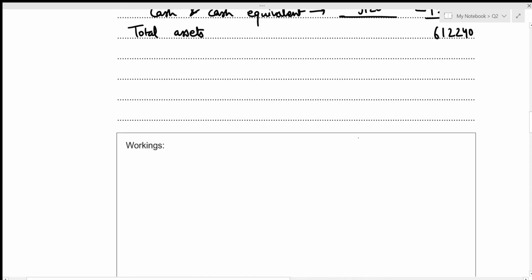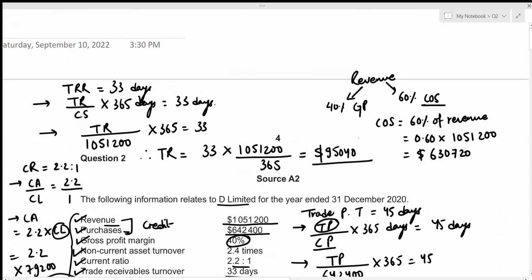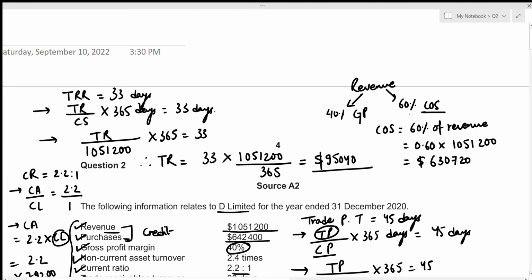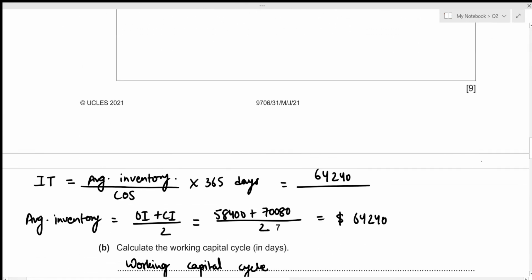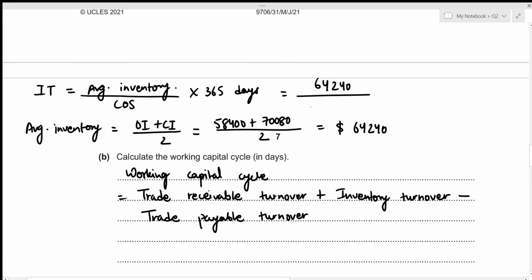Let's have a look above. We already figured out our cost of sales to be 60% of revenue, and the total cost of sales amounted to 630,720. Let's write it down. So that's 630,720 times 365 days.